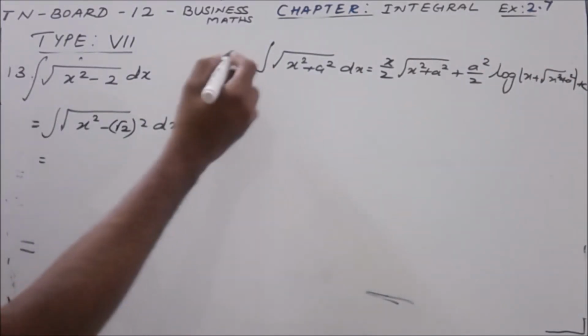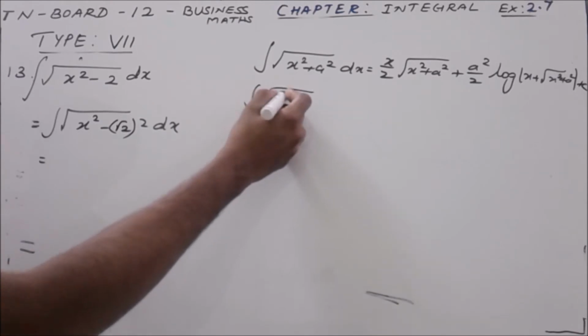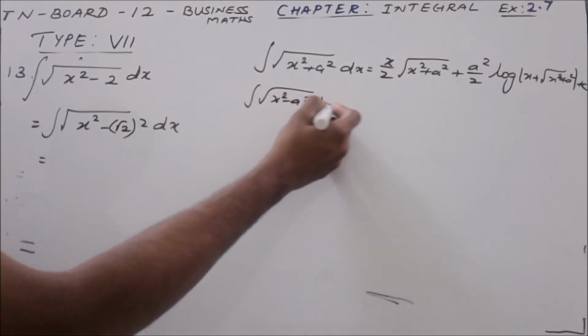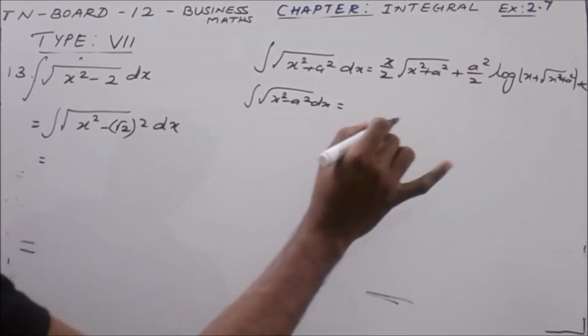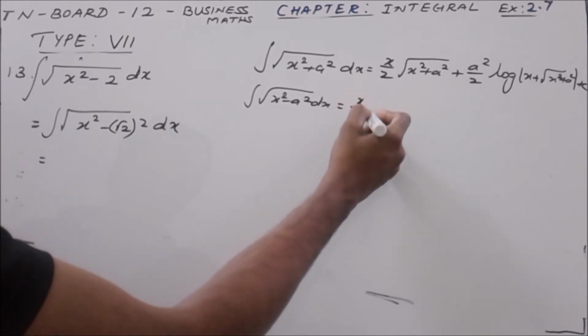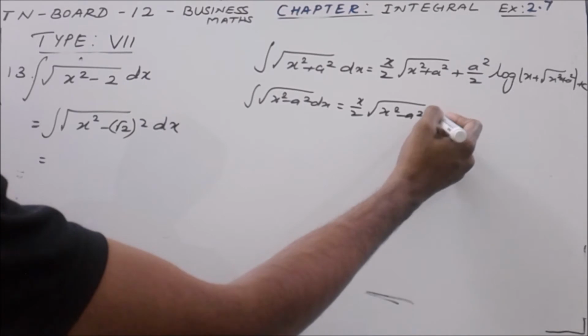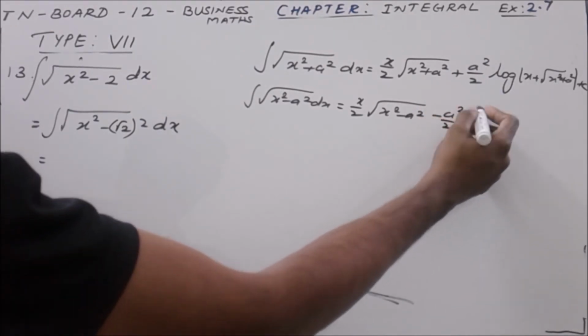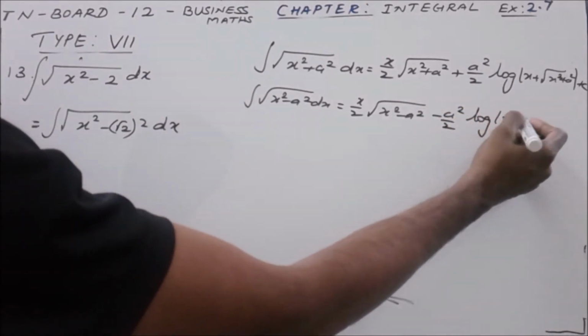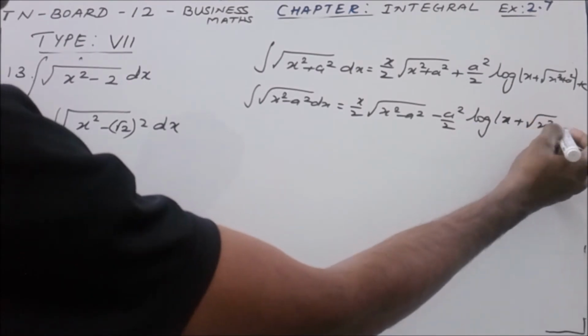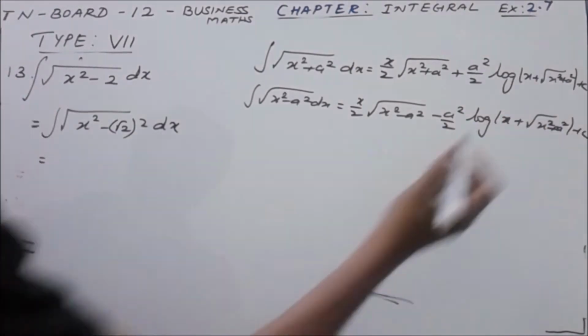Now here we have minus, that's all, instead of plus. So it is x by 2 root of x square minus a square, minus a square by 2 log of modulus of x plus root of x square minus a square, plus c.